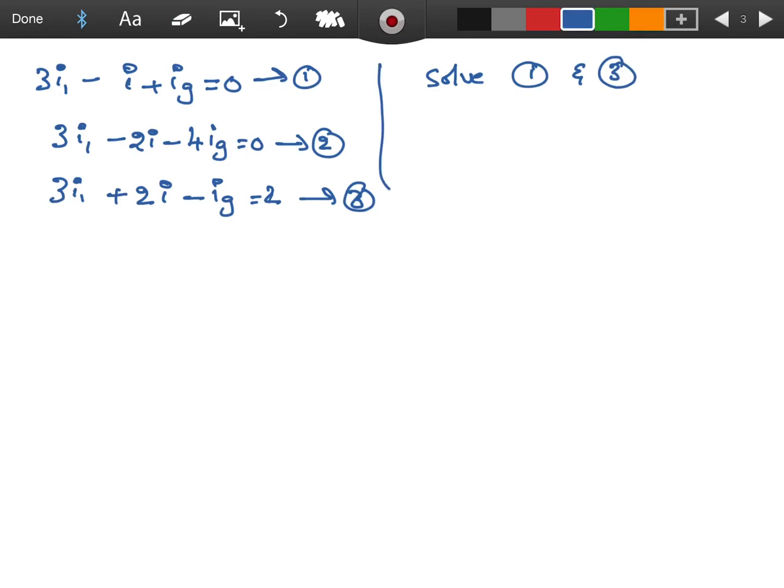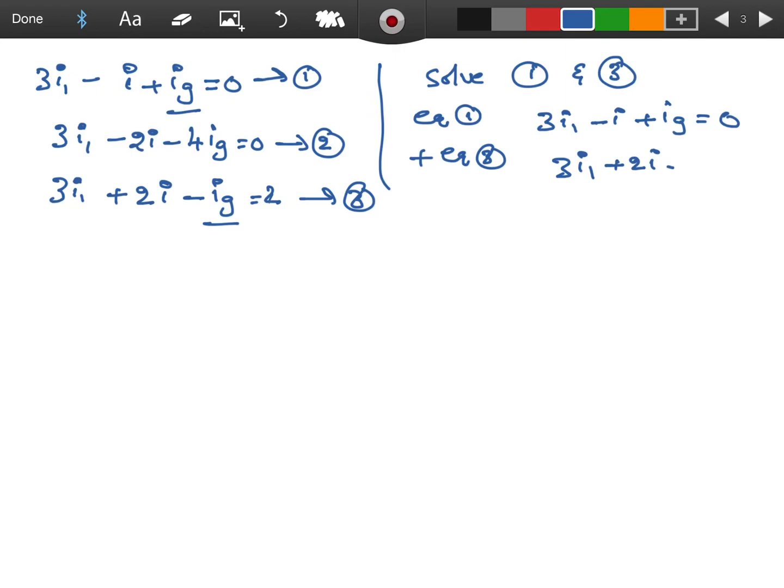I am going to eliminate Ig, because here plus Ig is there, here minus Ig is there. Then equation 1 plus equation 3: 3i1 minus I plus Ig equal to 0, and 3i1 plus 2i minus Ig equal to 2.